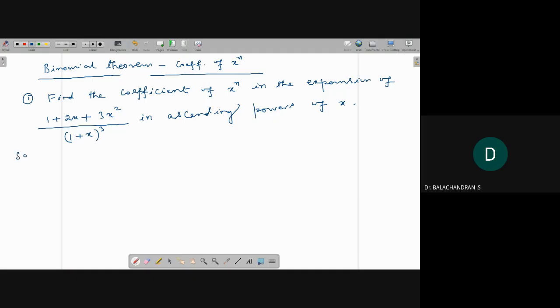Solution. So what is given here? The expression is 1 plus 2x plus 3x square divided by 1 plus x whole cube.